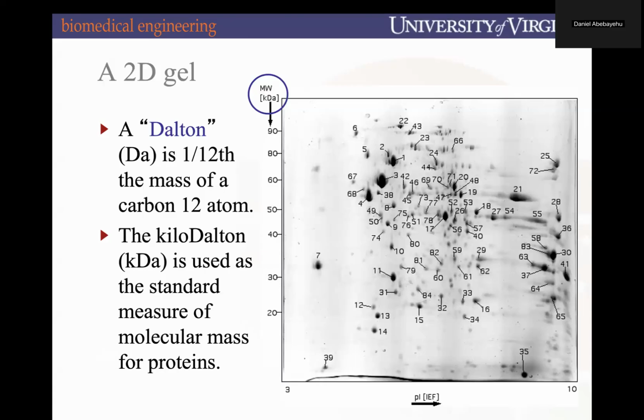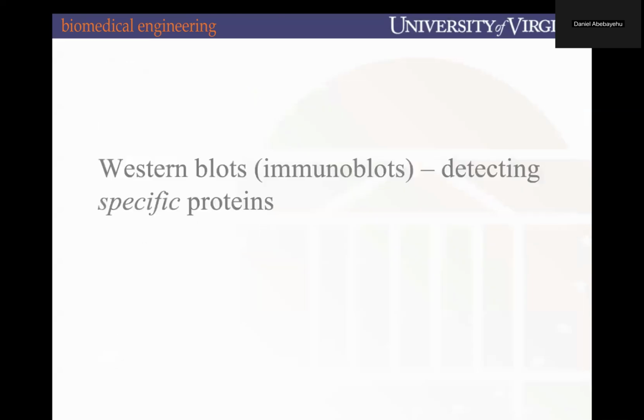If you have a gel from one of those approaches and stain with Coomassie blue, you'd see all the protein. If you stained with phosphate, you'd see all the phosphorylated protein. A lot of times we are interested in one protein, not all of the proteins. So the next approach that allows us to do that is called Western blotting. Some of you may have heard this before, also referred to as immunoblotting. It allows you to detect and measure one specific protein within a given sample.